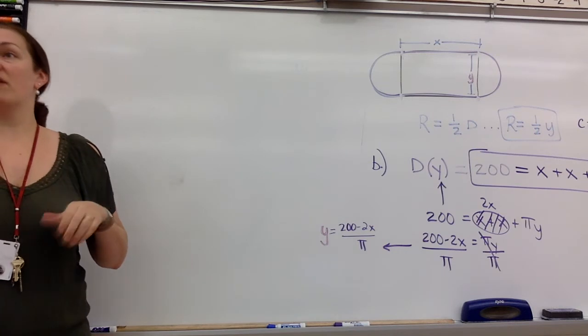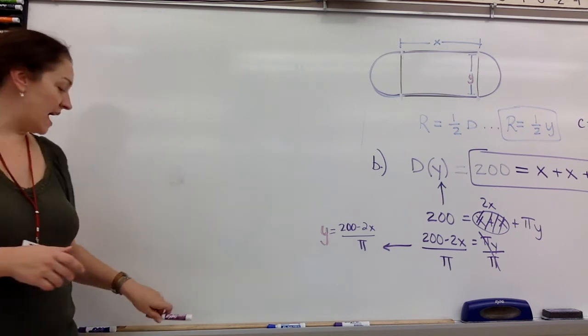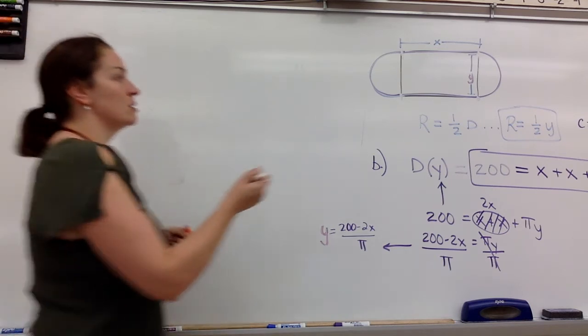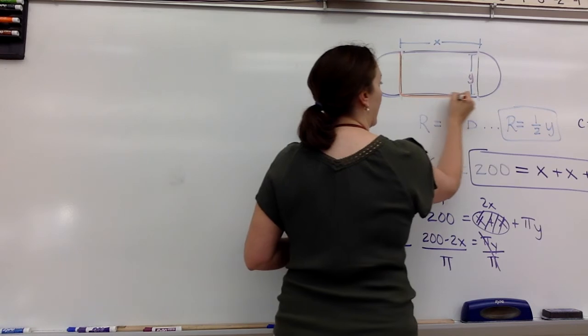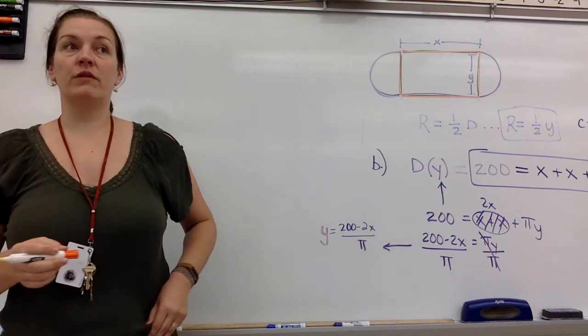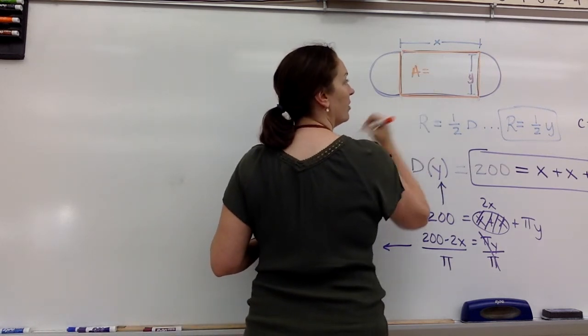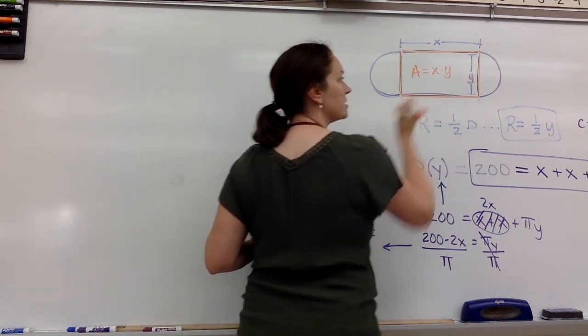Which part of the room are they trying to maximize the area of? Look up here. The rectangular region, exactly right. So this orange region is what they're trying to maximize the area of. What is the formula for area of the rectangular region? Area is equal to length times width, or x times y, correct?